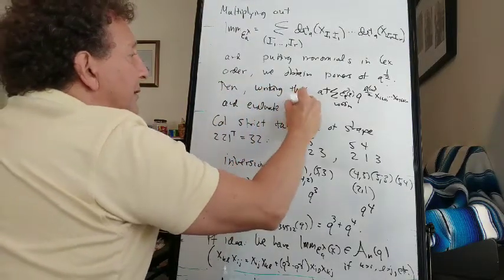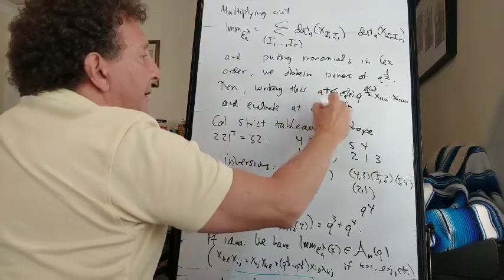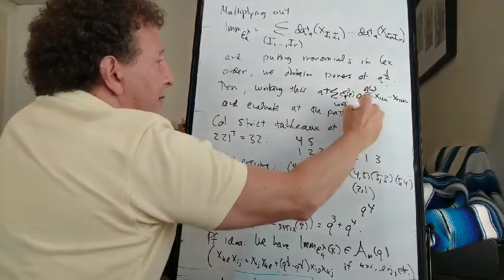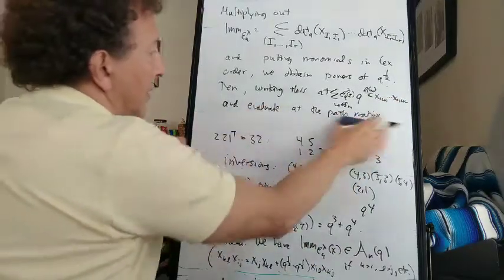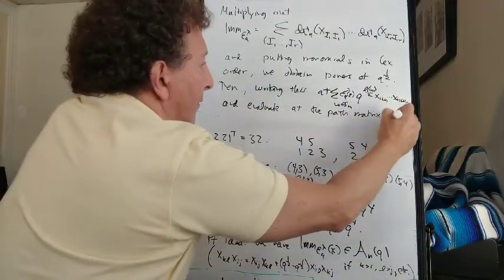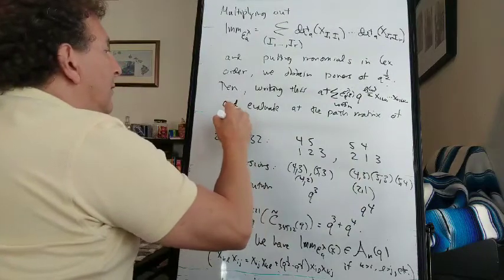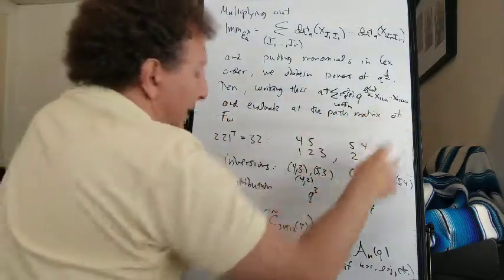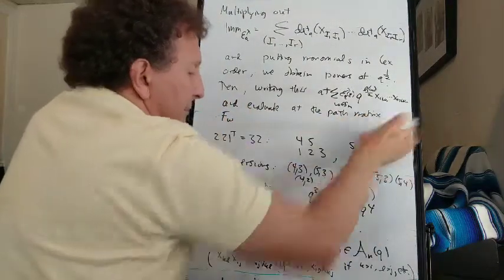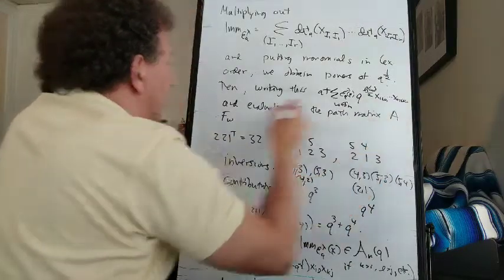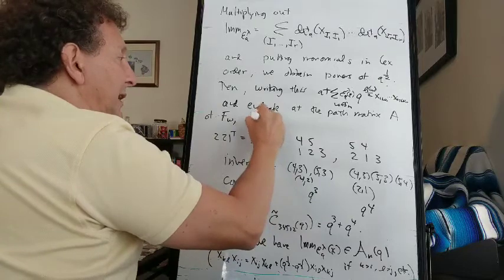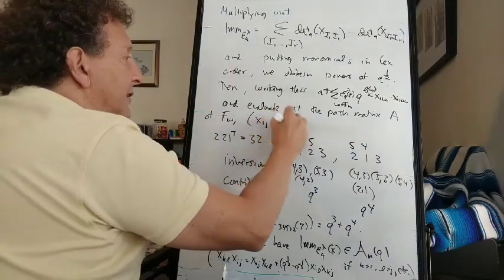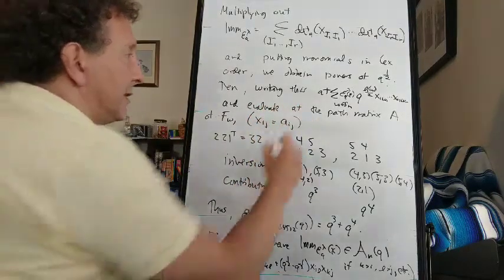And then we evaluate this at the path matrix A of FW. By evaluate, I mean x_ij is going to be set equal to a_ij.